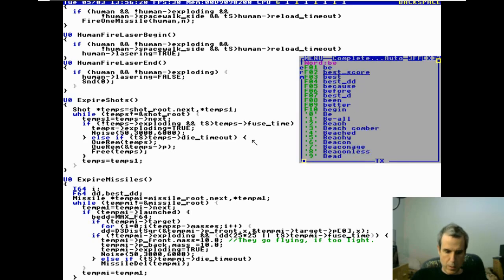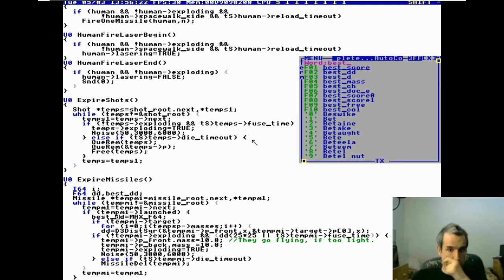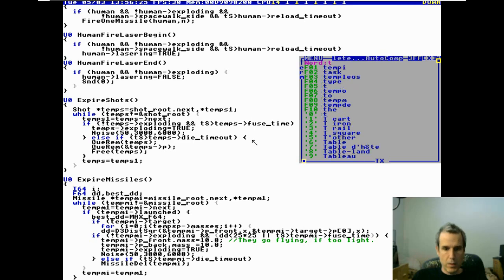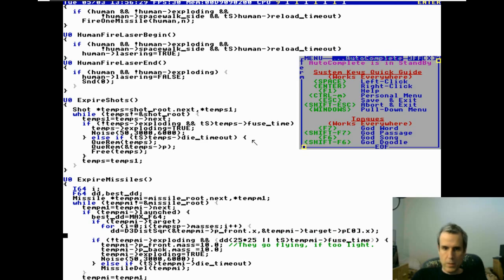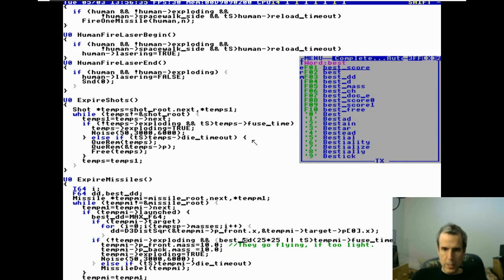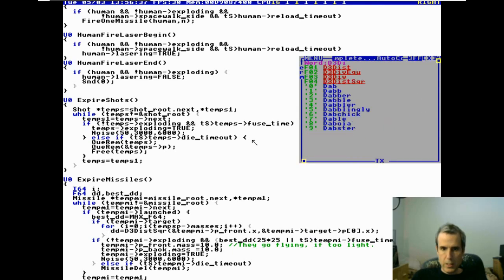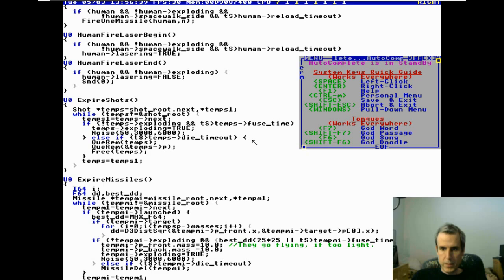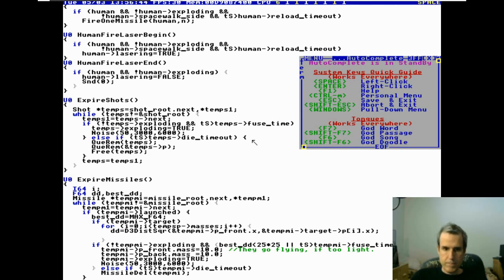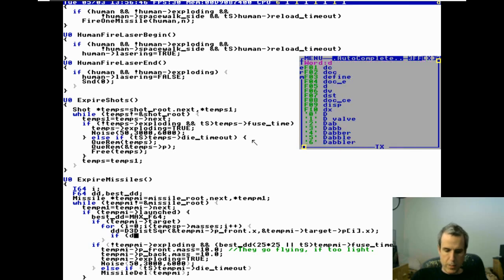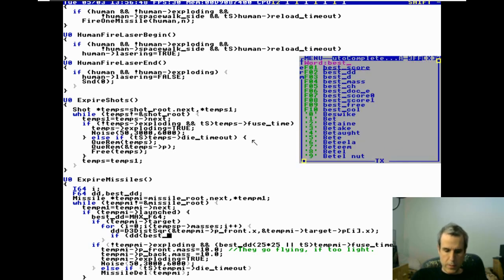Best. DB. DD, P front, P supply. If DD less than SDD.